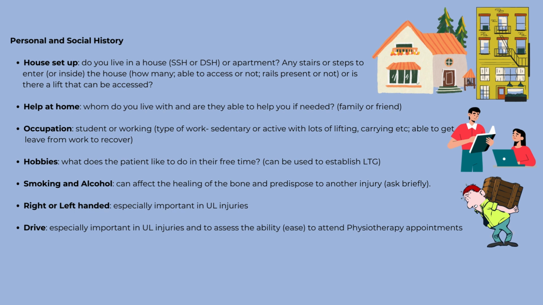Are there any lifts? If a patient has a shoulder problem, I don't think that it's very relevant for you to ask, do you live in a single story or a double story house? The shoulder problem may not be affecting his walking ability, right? So you can skip that question out. And that's what I'm trying to make you understand here.